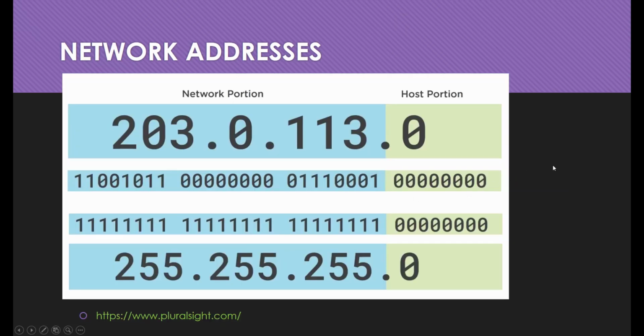In this example we have the same IP address, 203.0.113.0, and we can see that the subnet mask has been given, the network portion has all ones, and the host portion has all zeros. We can see from here that the host portion in binary form is all zeros. So this defines this IP address as the network address for that IP address range.